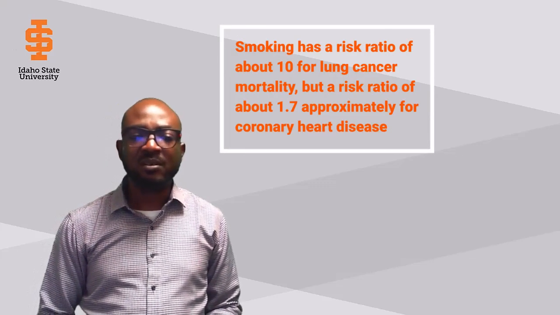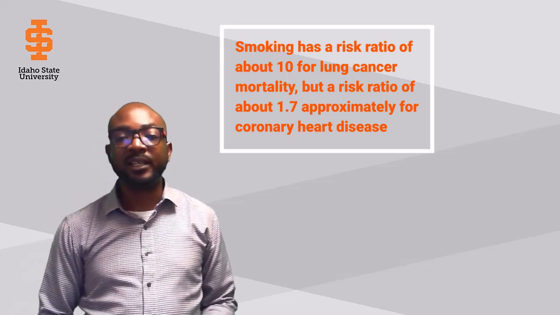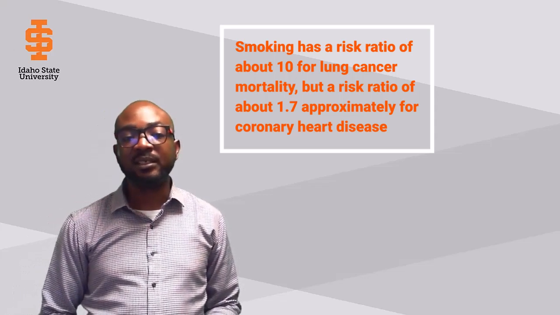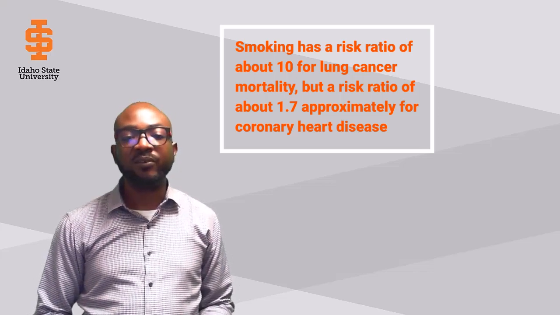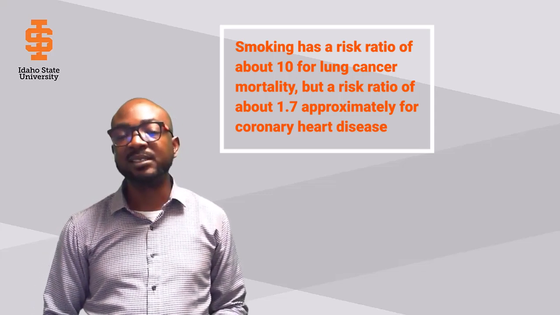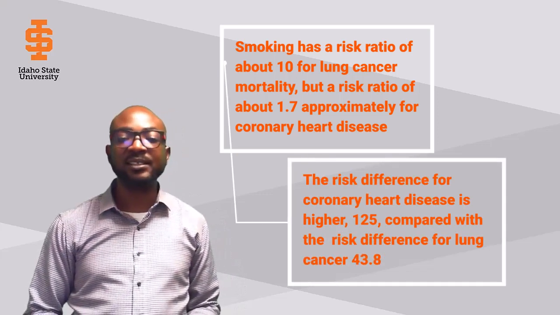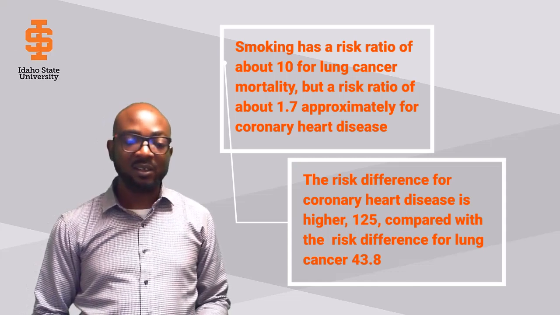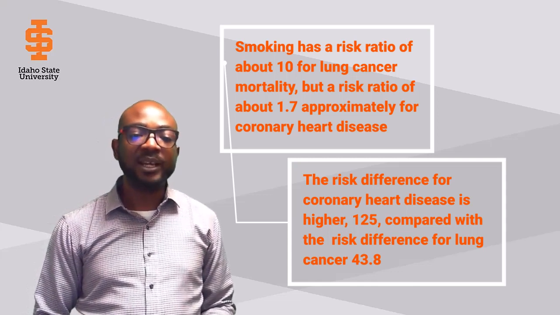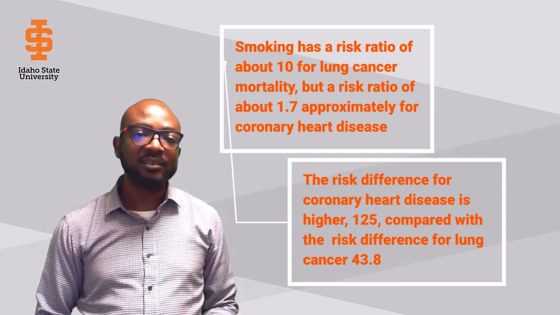Consider this example. The exposure of smoking has a risk ratio of about 10 for lung cancer mortality, with a risk ratio of approximately 1.7 for coronary heart disease mortality. However, the risk difference for coronary heart disease is much higher, 125, compared with the risk difference for lung cancer, 43.8.